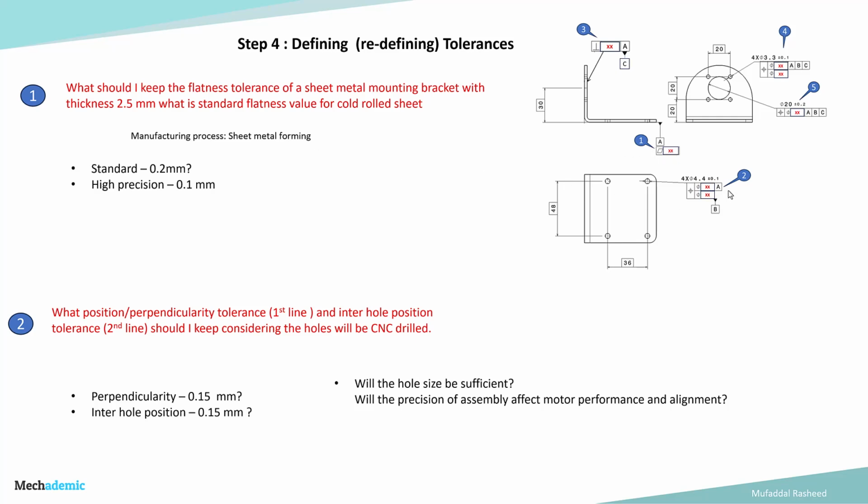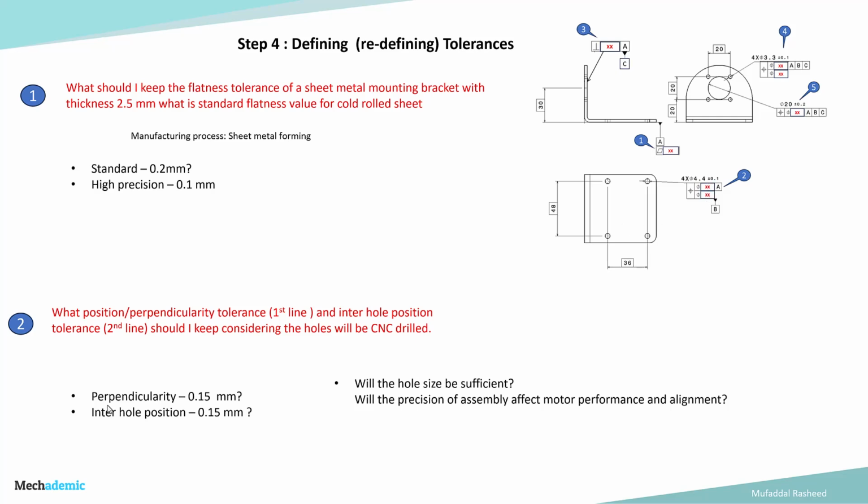Similarly, for the second feature control frame, where we are controlling perpendicularity and position, the first line controls perpendicularity, the second line controls position. So what should I keep the tolerance value in the first line and second line? Considering that the manufacturing process is CNC drilling, what should be the value over here and here?